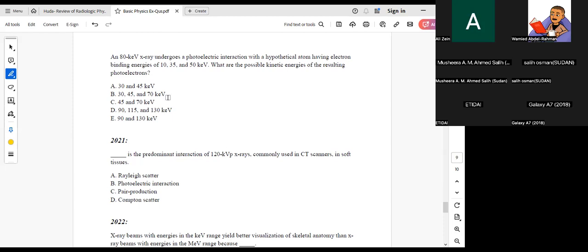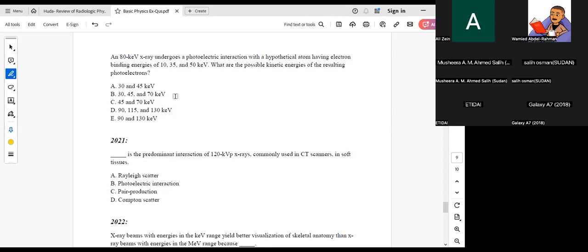The numbers don't make sense because it's just the difference, 80 minus 50 is 30. And 80 minus 10.35 should be roughly around 70. Seems something is wrong, unless someone can catch something I'm missing. It's not 10.35, it's 10 and 35 and 50.